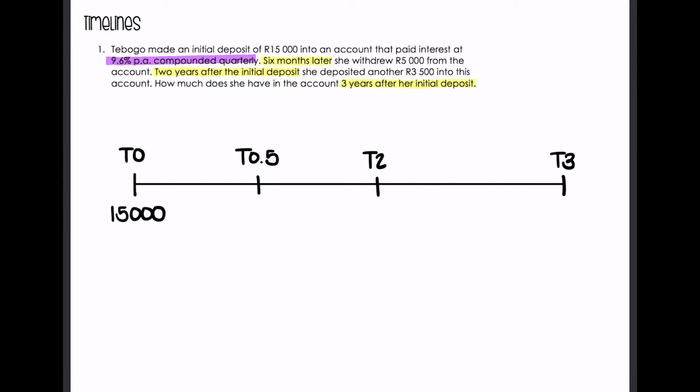It says 6 months later, she withdrew 5,000 Rand from the account. So withdrawing 5,000 will be a minus 5,000. 2 years after the initial deposit, she deposited another 3,500. So if withdraw is a minus, deposit is a plus, so it's plus the 3,500 Rand. And it says how much does she have in the account at the end of the 3 years.